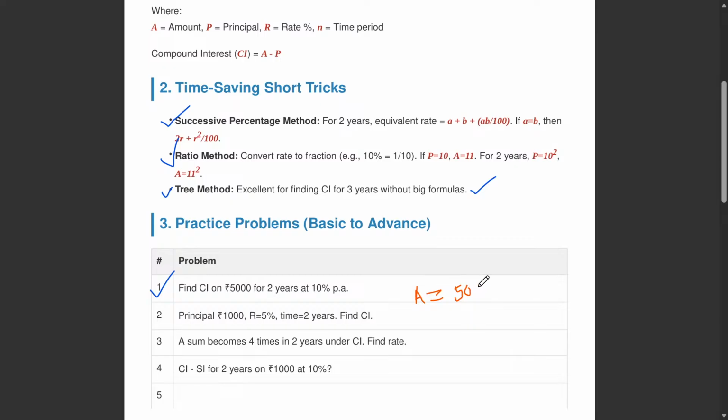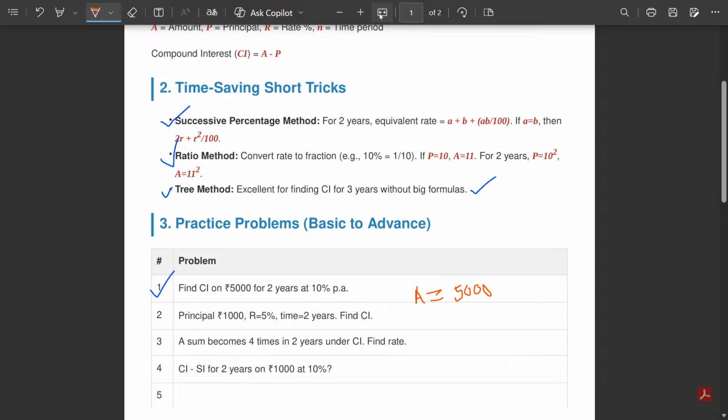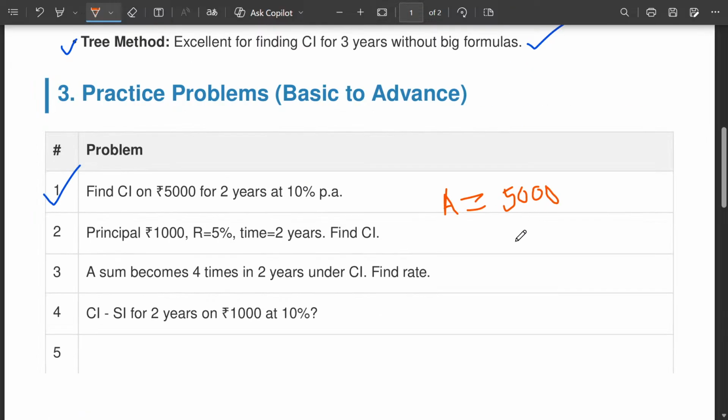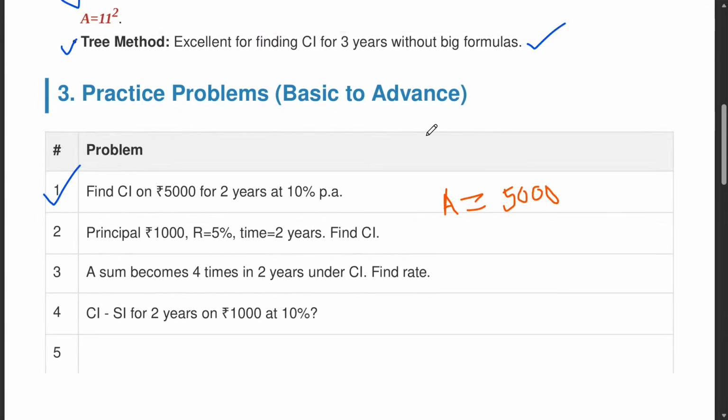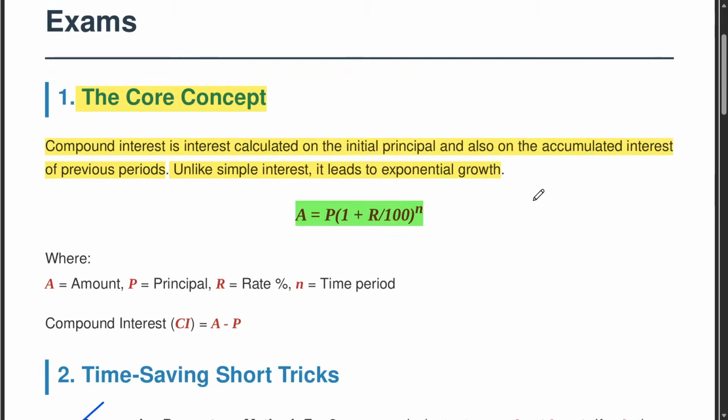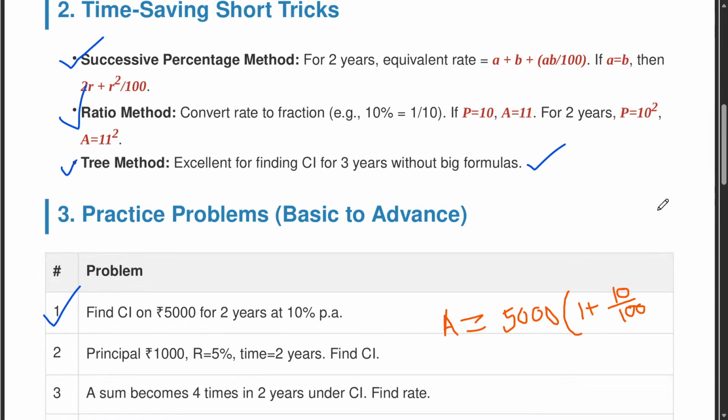So A equals 5,000 into 1 plus R, where R is 10, divided by 100, whole to the power N. What is N here?